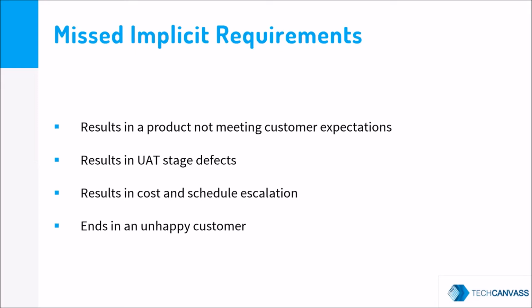If you try to fix the defects at the UAT stage, it will cost 100 times more, literally speaking, than if it could have been found at the requirement stage itself. That will also result in a schedule overrun. And finally, if there are too many such defects, you might end up with an unhappy customer, so there's no possibility of repeat business. And that's bad for any IT company or anybody involved in software development.